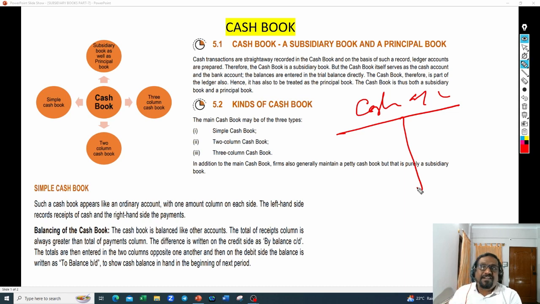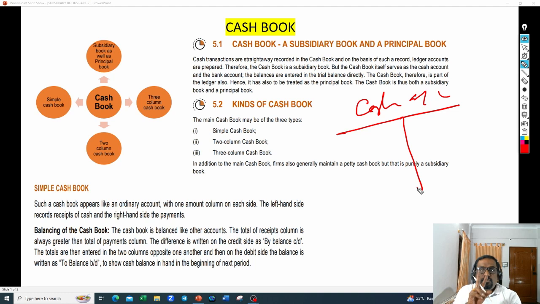That is the reason why the cash book acts as a principal book as well as a subsidiary book. One simple line: since the cash book is acting like a cash account and the final balances can be taken to the trial balance, the cash book will also be called a principal book.